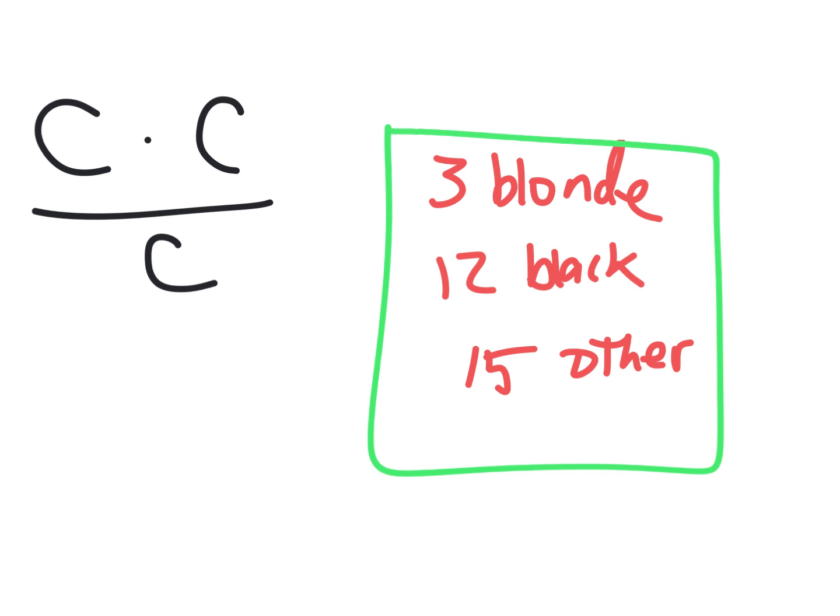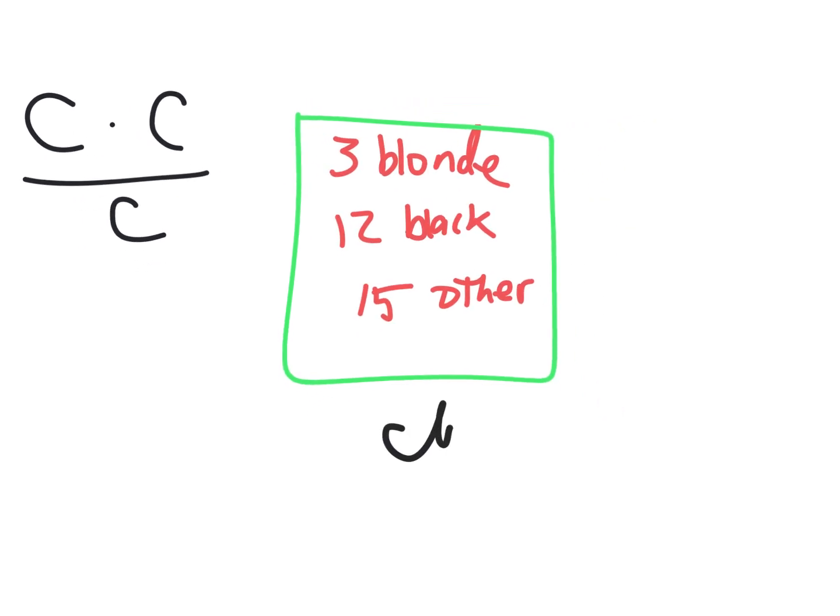My question for you, I promise it's not a CC over C, is how many different ways could I choose 3 kids? Sometimes the simplest questions can be hard to figure out.